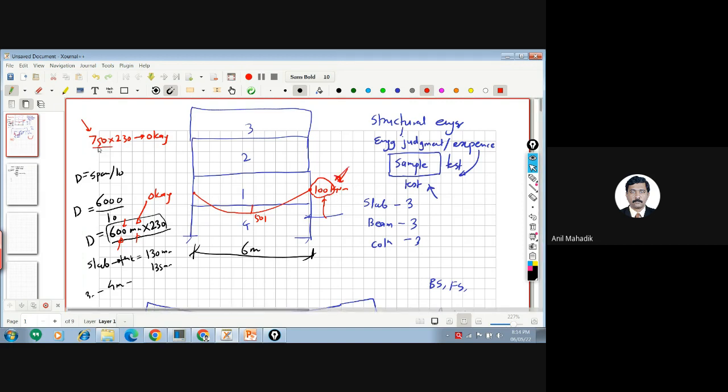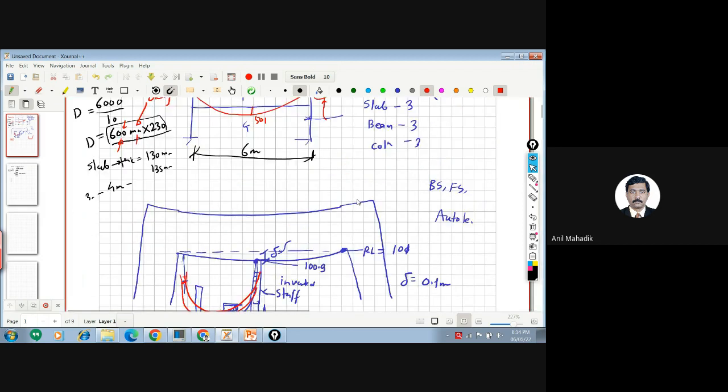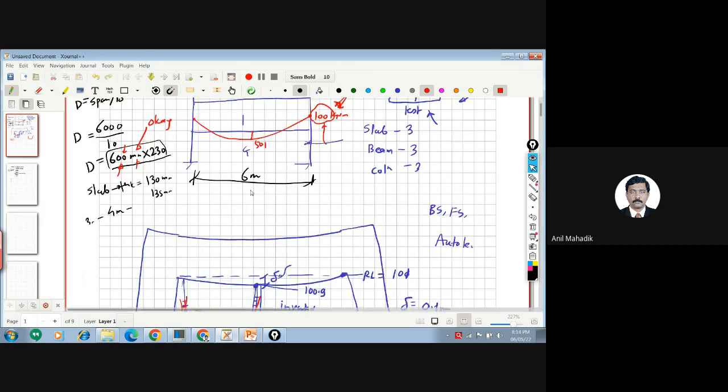If this takes care of the 100 kilonewton meter, freeze all the sizes for the bending moments you got from the first analysis. So there is a first analysis and a first design. And in the first design, if you want to revise or increase the sizes, once you increase the sizes, again go to the analysis.